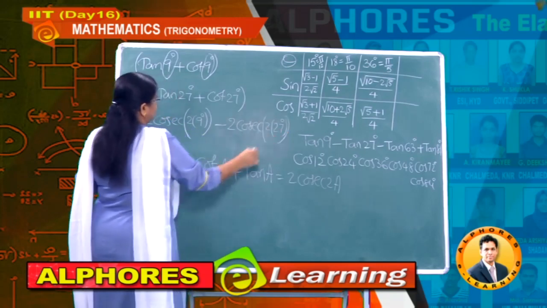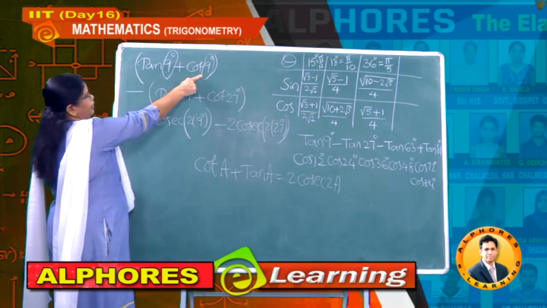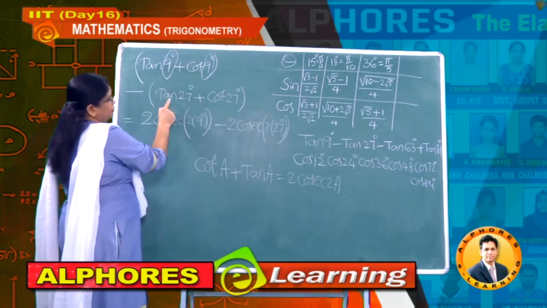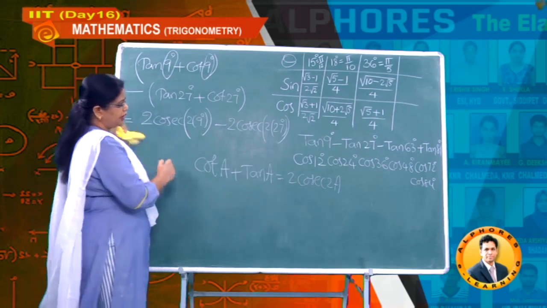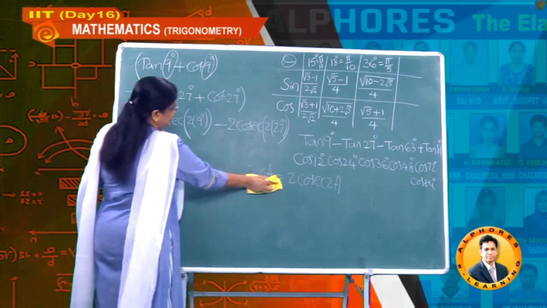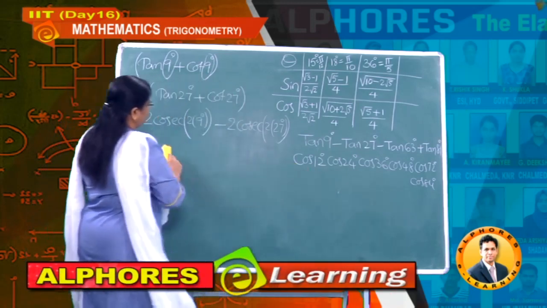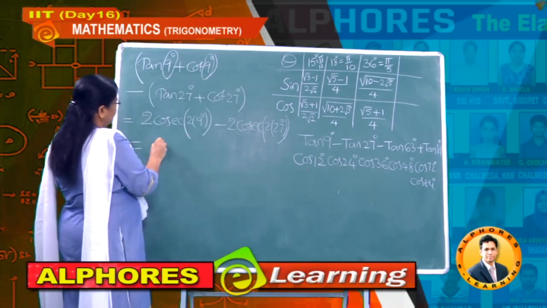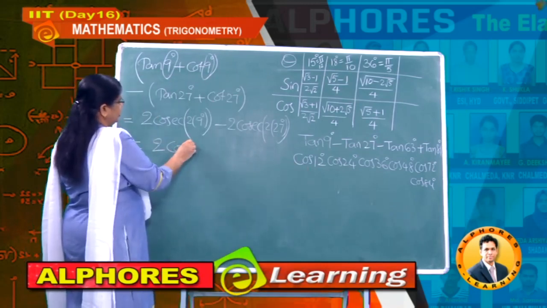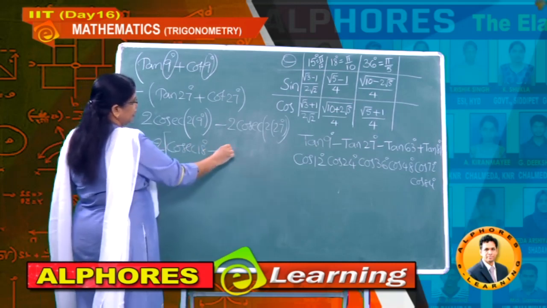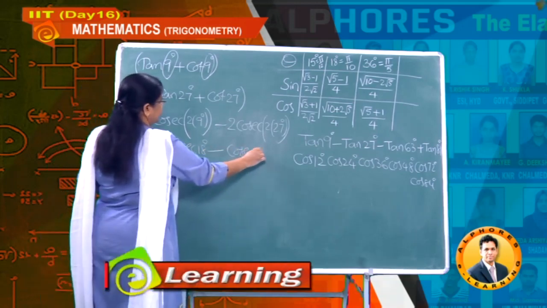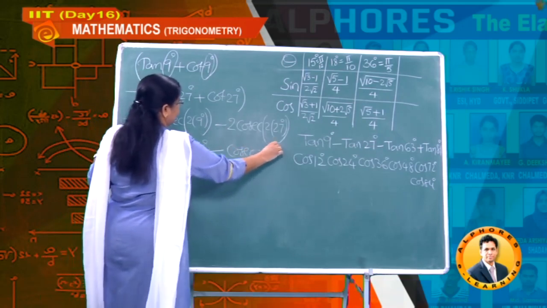Both are of the form cot A plus tan A. So this is 2 times cosecant 18 degrees minus 2 times cosecant 54 degrees.